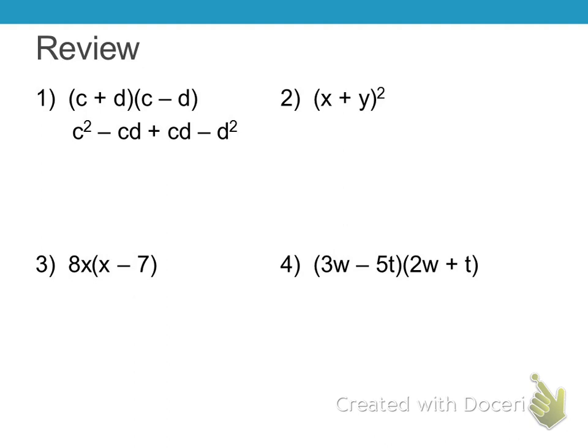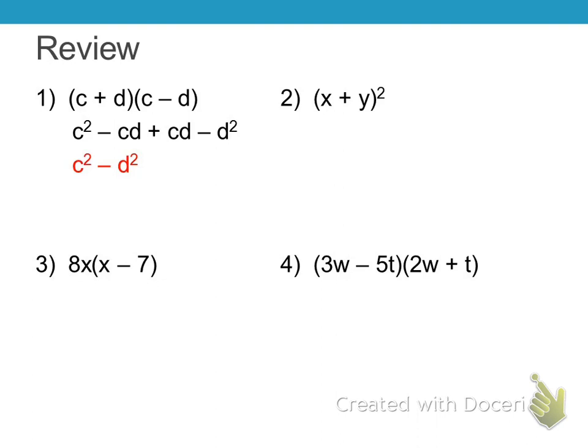What happens to the CDs in the middle? They are going to equal 0 CD, which is just 0, so you don't need to write it. So this is a difference of squares: C squared minus D squared. What are your questions?